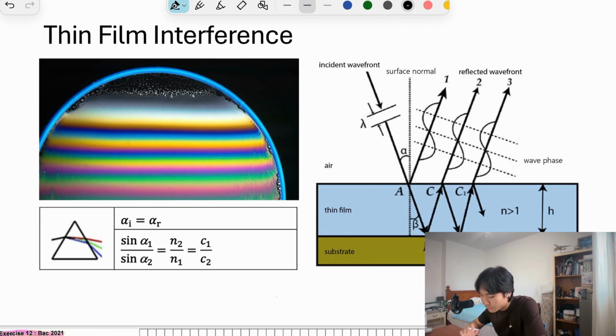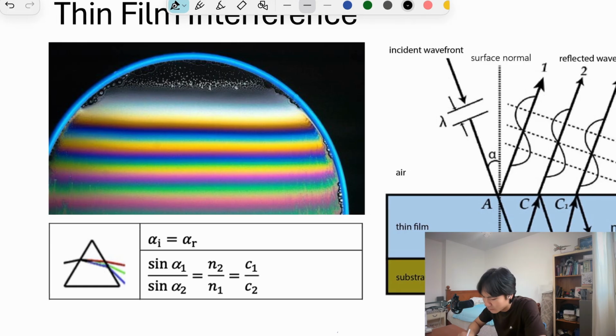When you look at a bubble, or a CD, or an oil spill, you're going to observe this weird rainbowish pattern. And you may have wondered why. Because if you have a bottle of that soapy liquid that you make the soap with, you don't have this color.